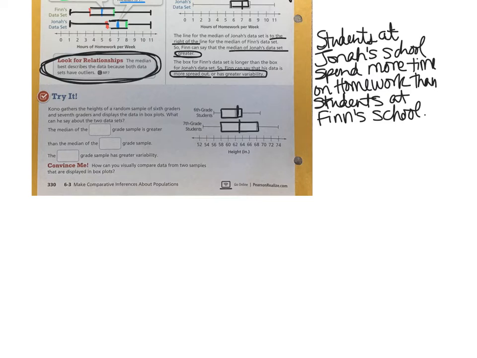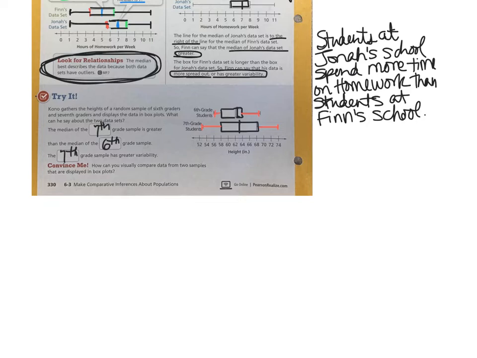Let me try that median again here. Okay? And we are going to be making some inferences here based on that information. So what can you say about those two data sets?